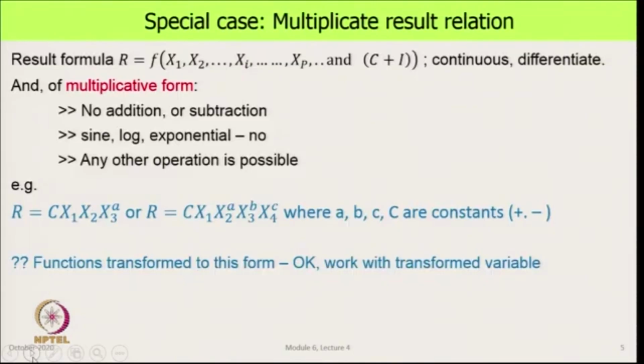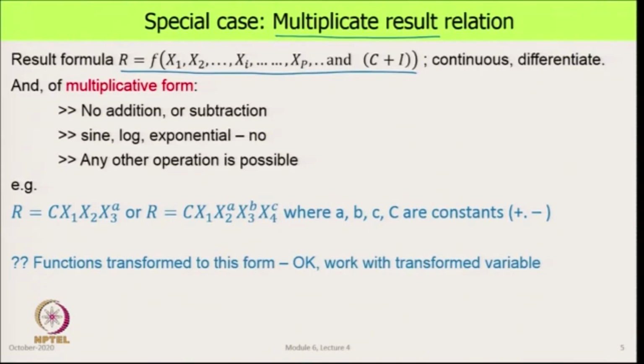Now, we look at one special case, which is the multiplicative result relation. So, let us see what we mean by this term multiplicative result relation or multiplicative result formula. Here we have the general form of the formula as a function of x 1, x 2, x I, x p with constants.